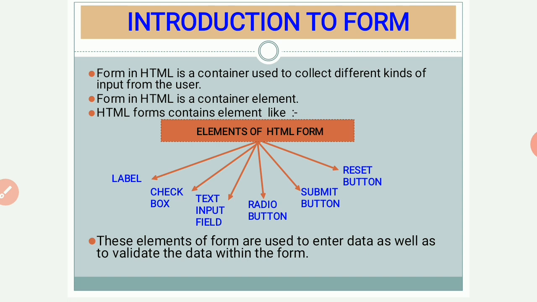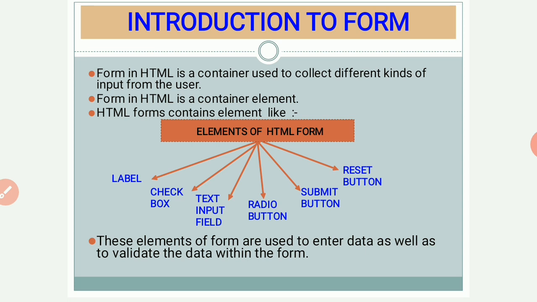A form in HTML is a container used to collect different kinds of input from the user. A form in HTML is a container element, that is, it will have the opening tag and the closing tag, that is form and slash form.